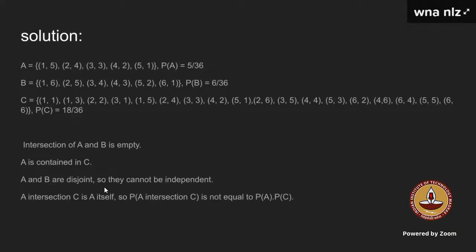Okay, so what have you understood? I have understood mutually exclusive, but not the independent ones. Okay. Two events are said to be independent if one event occurring does not affect the chances of occurrence of the other event.